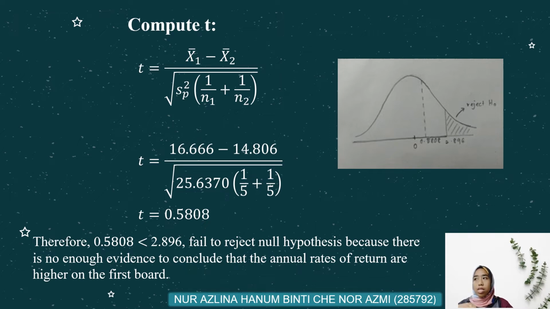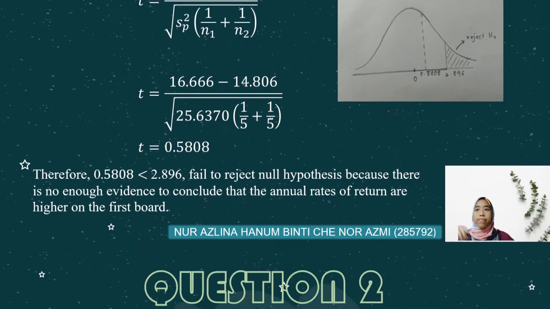So the decision is do not reject H null. Therefore, 0.5808 less than 2.896. So we fail to reject null hypothesis because there is not enough evidence to conclude that the annual rates of return are higher on the first board.